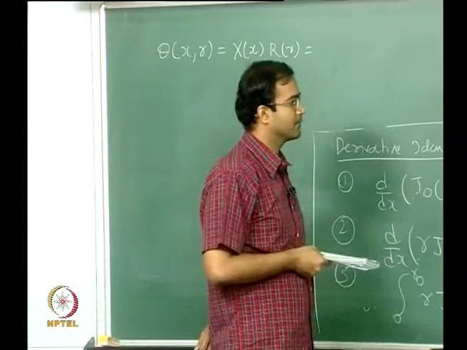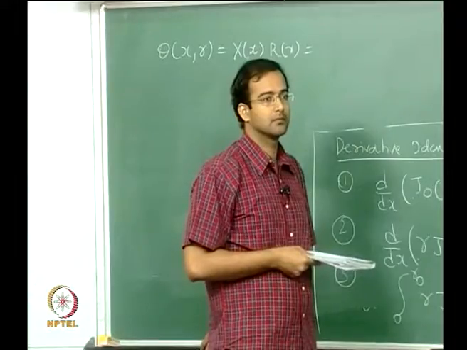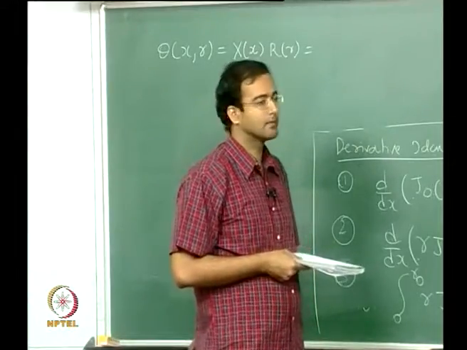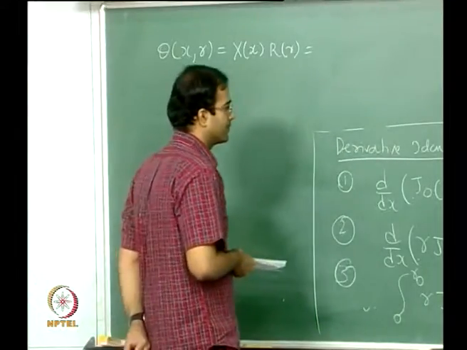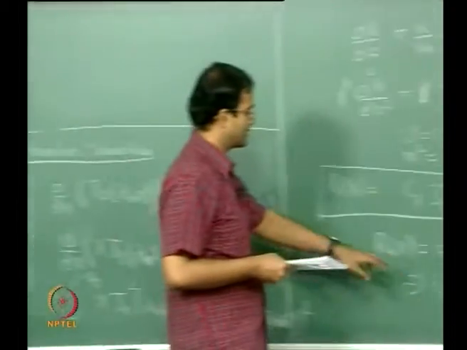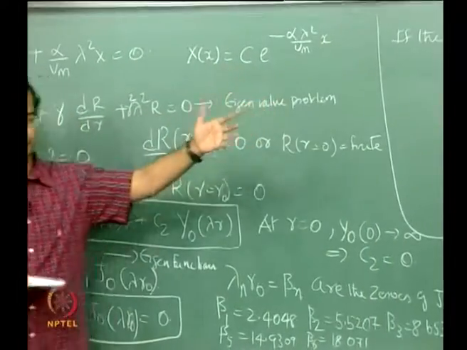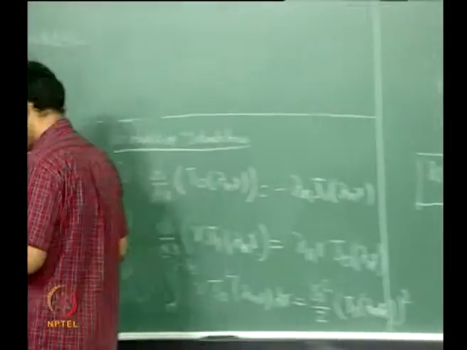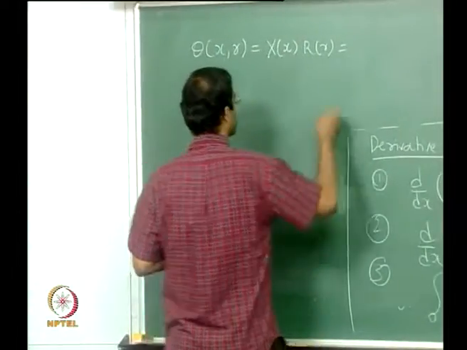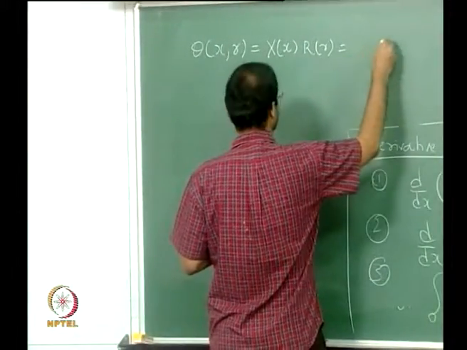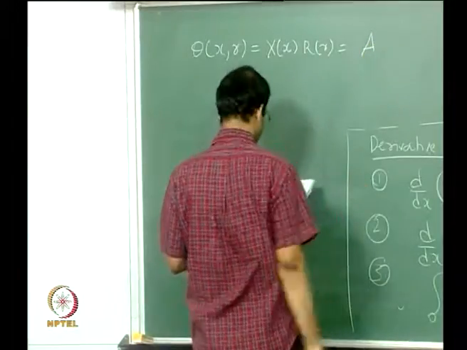So how can we write it? Let us multiply C1 and C and call this another constant, maybe A or whatever you want to call. I have used A in my notes, so I will use A.